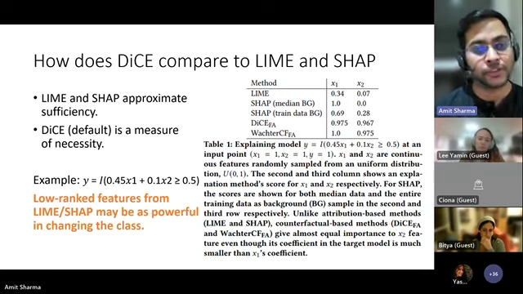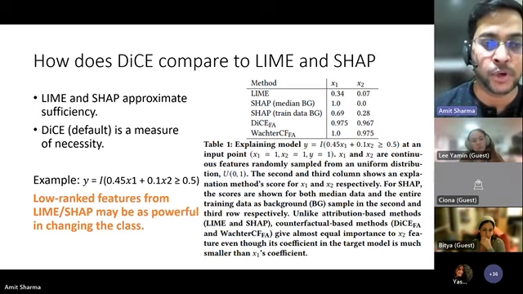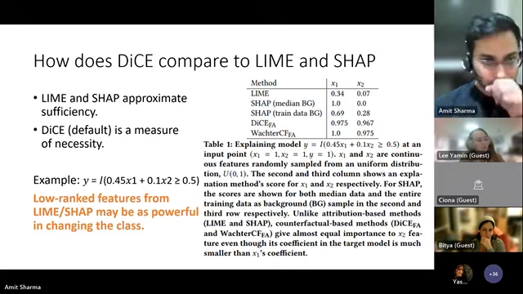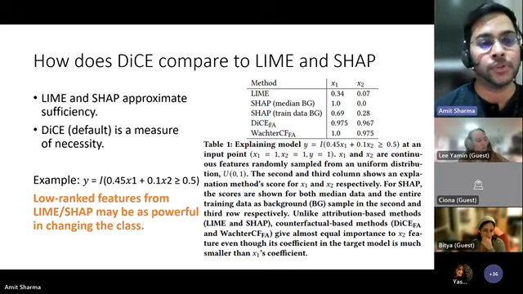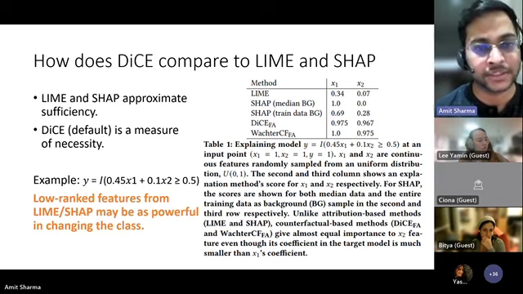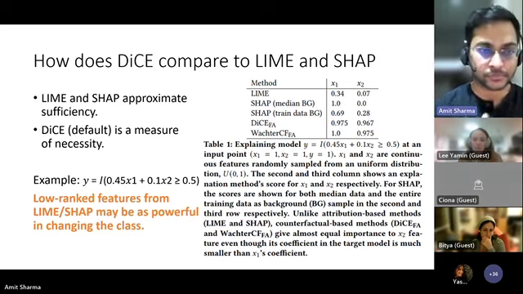So imagine that your machine learning model was just this. It was an indicator function of 0.45x1 plus 0.1x2 greater than or equal to 0.5, right? So it's a really toy example where anytime your function increases beyond 0.5, you output 1, otherwise you output 0, right?